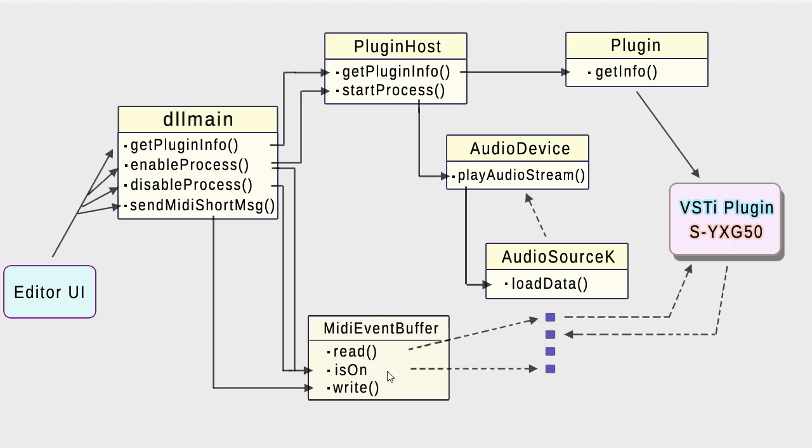In load data, its value is being checked, and when the isOn variable is found to be false, then load data stops executing. I forgot to say that load data is being called from play audio stream in a loop, so it gets called again and again until this isOn variable becomes false.